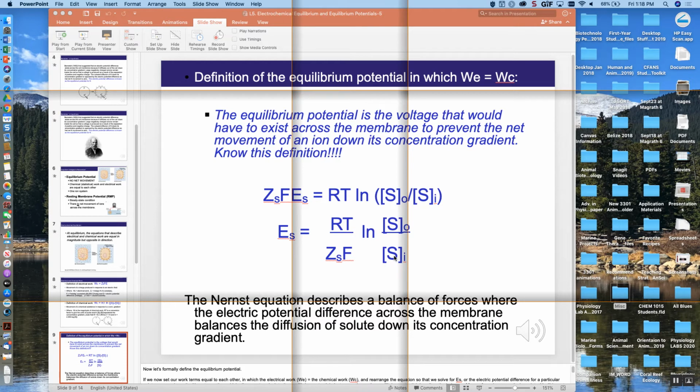The chemical force is greater. But if it's like plus 100 millivolts, that is a really very depolarized, very positive voltage. Then it's going to repel, and it's going to start to force sodium out against a really large concentration gradient.